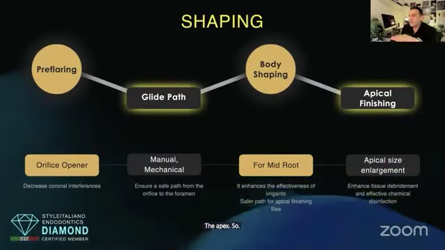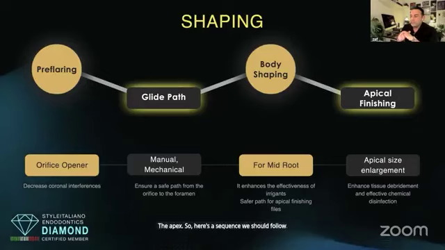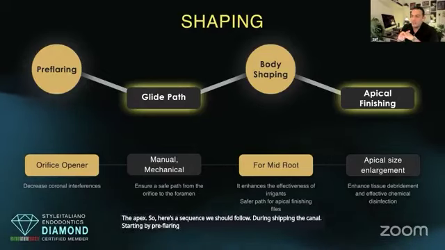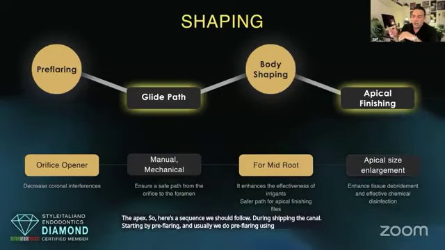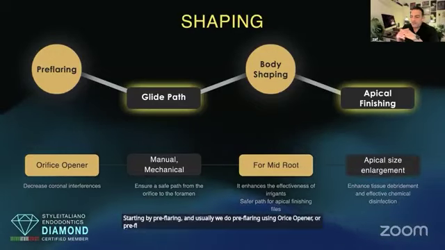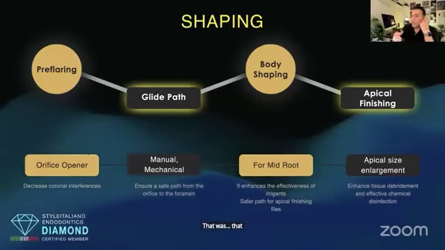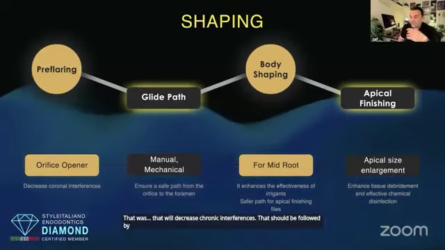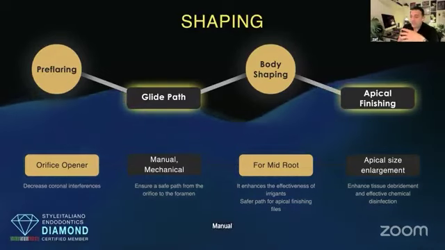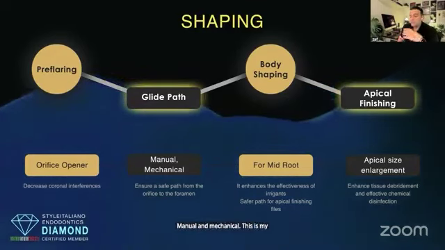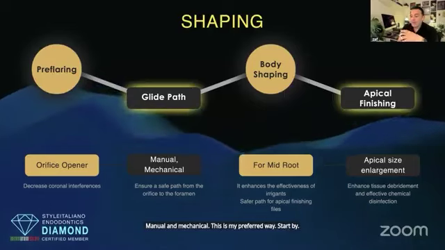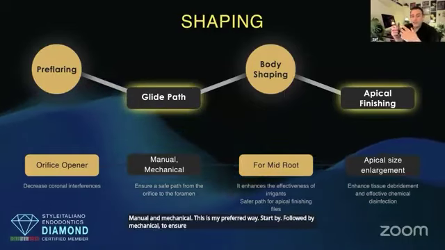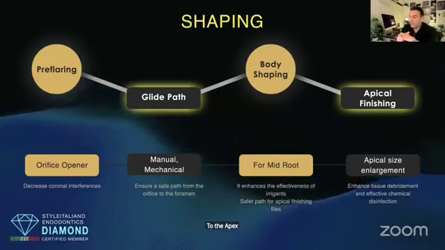So here's the sequence we should follow during shaping the canal. Starting with pre-flaring, and usually we do pre-flaring using an orifice opener or pre-flaring file that will decrease coronal interferences. That should be followed by glide path, manual and mechanical. This is my preferred way. Start with manual, followed by mechanical, to ensure a safe path to the apex for the larger size file.